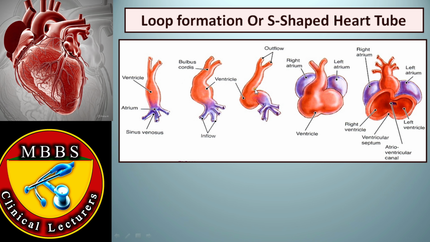It protrudes out, it grows out, and it pushes the venous end dorsally and medially. It pushes itself ventrally, and pushes the venous end dorsally. So the arterial end reaches the ventral aspect of the developing heart, and the venous end, due to the bending of that heart tube, is pushed posteriorly and reaches the posterior aspect.